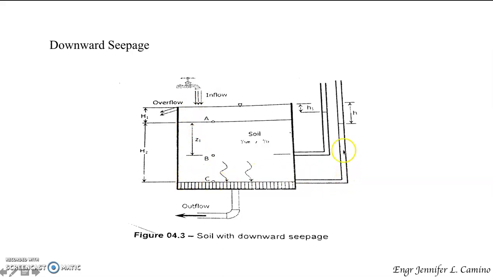This is connected to this portion, so the water goes down by small letter h. So at point C, the pore water pressure is equal to capital H1 plus capital H2 minus small letter h, and all of those times 9.81, which is the unit weight of the water.